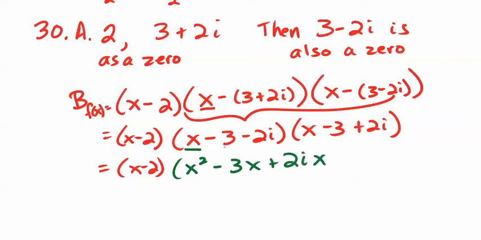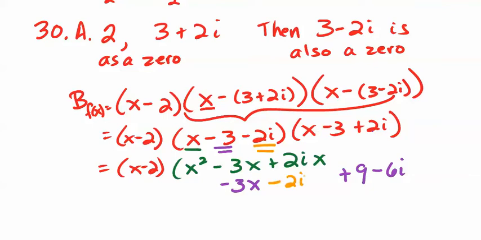And then I'm going to take the negative 3 and distribute it. And you could do this horizontally, of course. I'm going to line them up vertically. So we see here we got a negative 3x, and then we've got a plus 9. And then we've got a minus 6i. And then we'll use another color here to distribute the negative 2i.